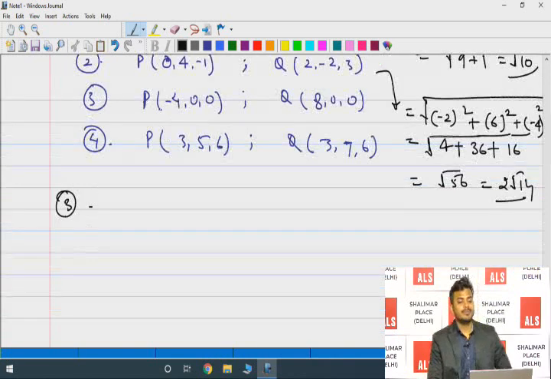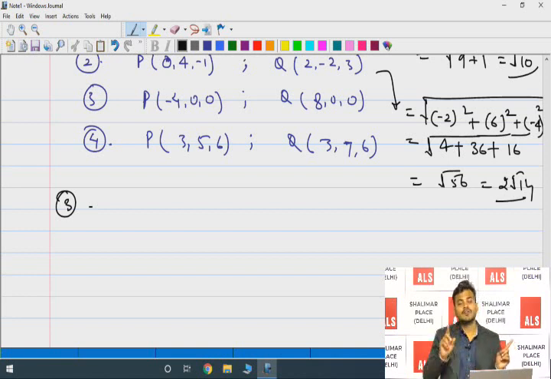Third one, P is given minus 4 comma 0 comma 0, Q is given 8 comma 0 comma 0. Now this is something where you should use IQ. If you write down the formula, you will get the same answer, but still there is something to observe, right? Minus 4 comma 0 is basically the point over the x-axis, on the left side.